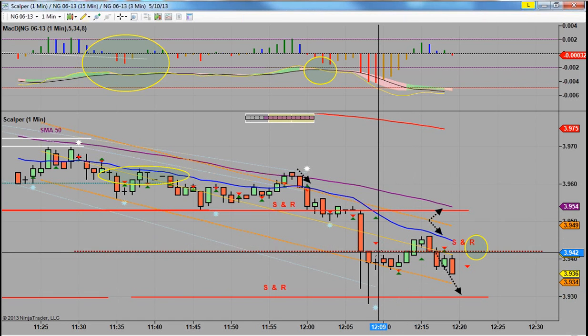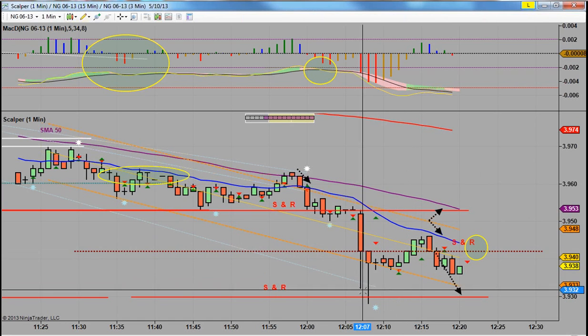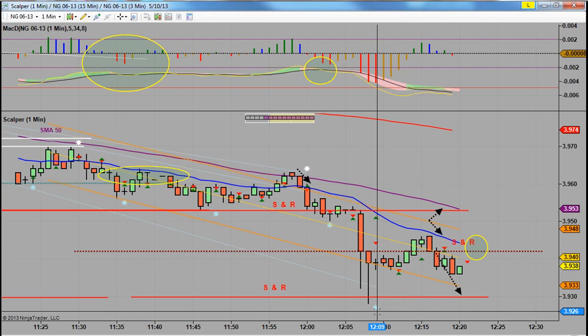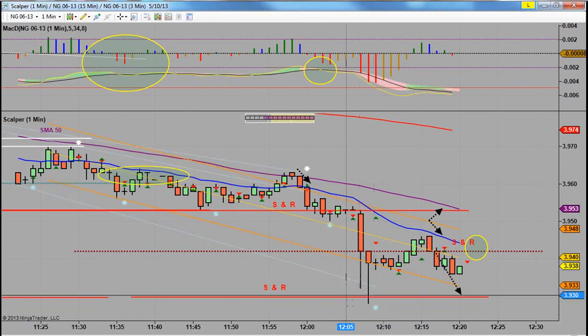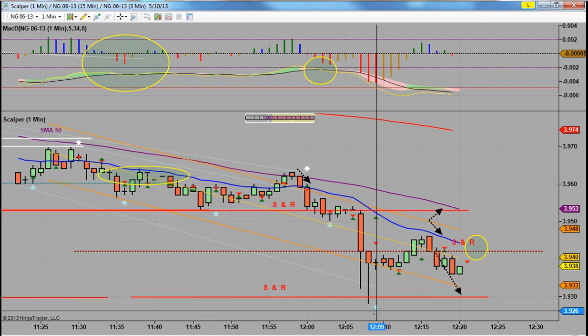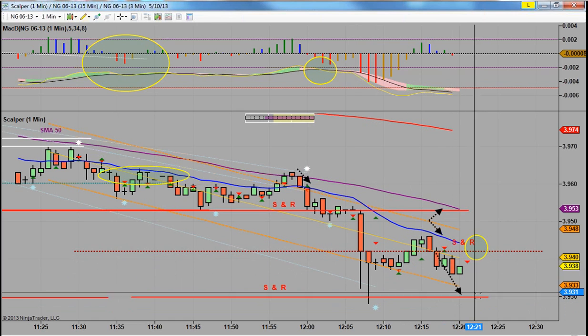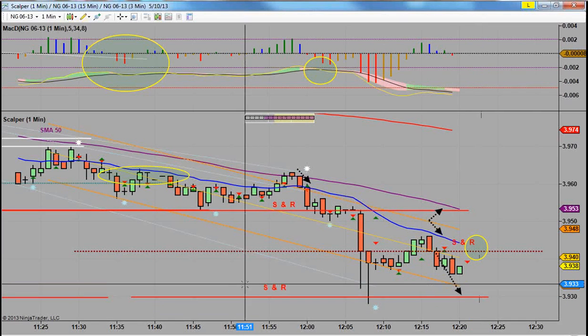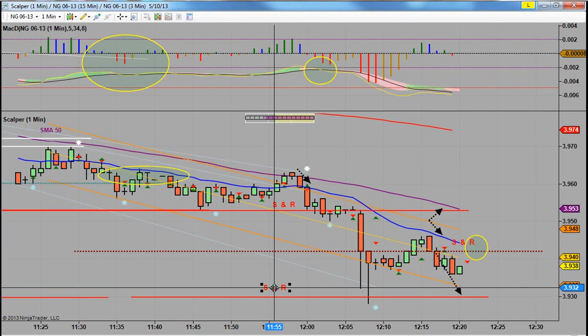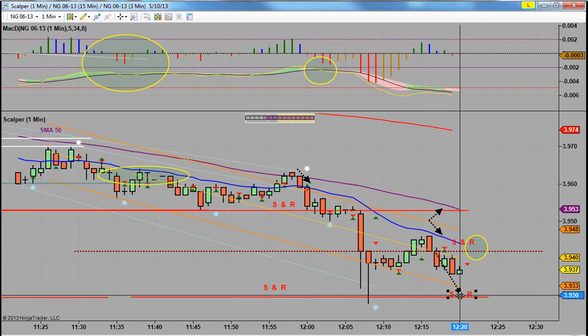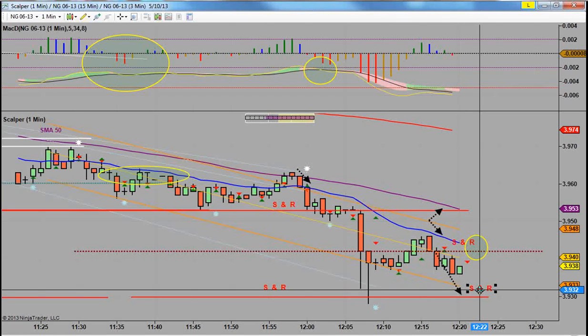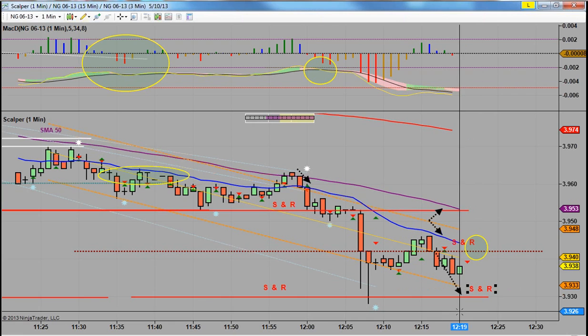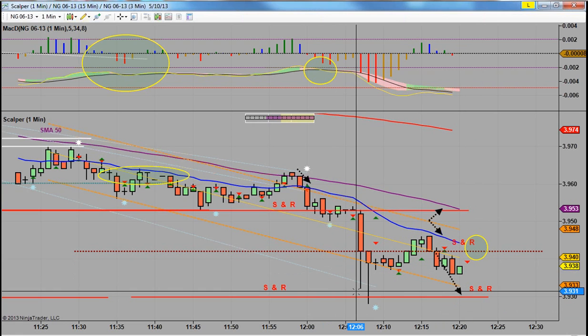This is often a turnaround area when you have a long wick or a tail, and you'll often get a turnaround. But what we want to see is this line down here become support or resistance. And so far it's been support.